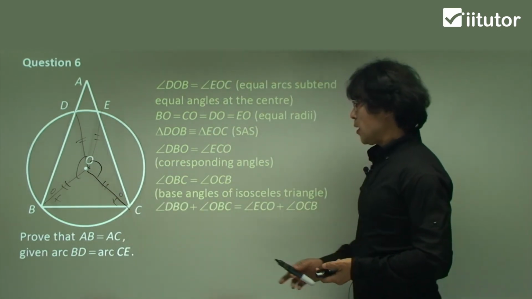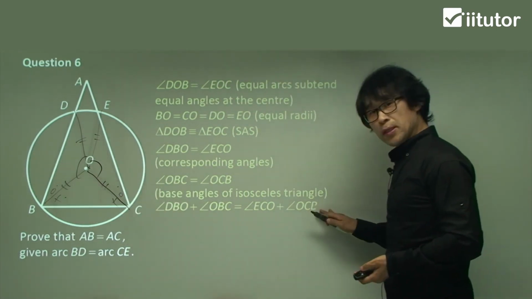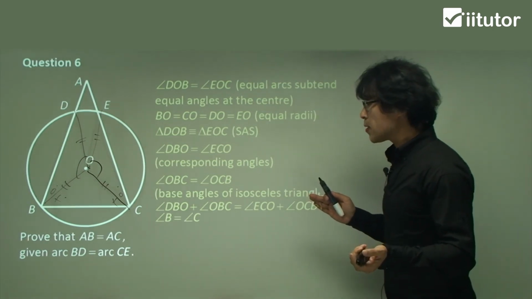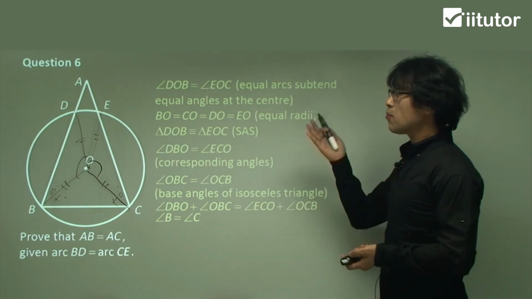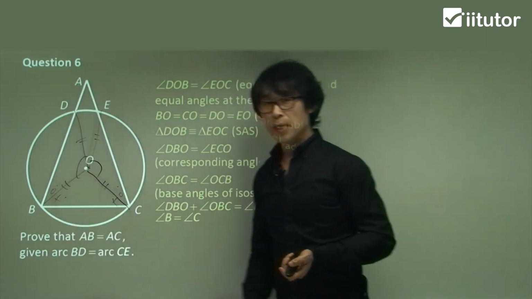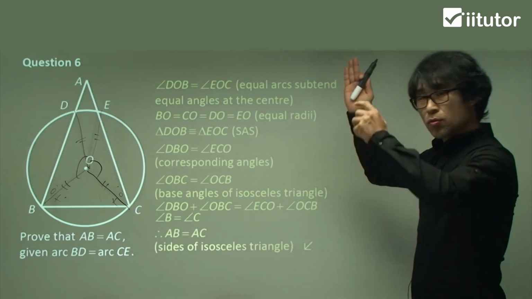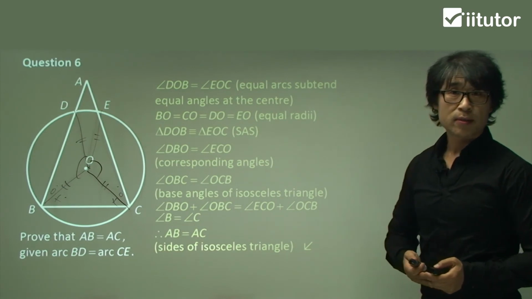Therefore, this plus this must be equal to this plus this. And finally, angle B is equal to angle C. Therefore, we just proved the big triangle ABC is an isosceles triangle. Therefore, the two sides are equal because they are sides of an isosceles triangle.